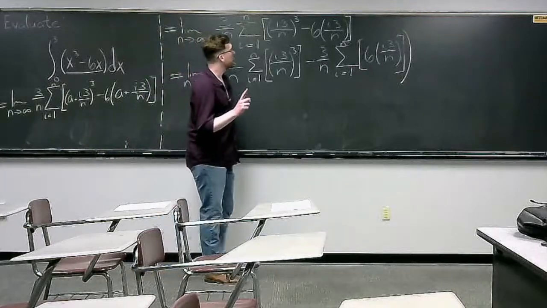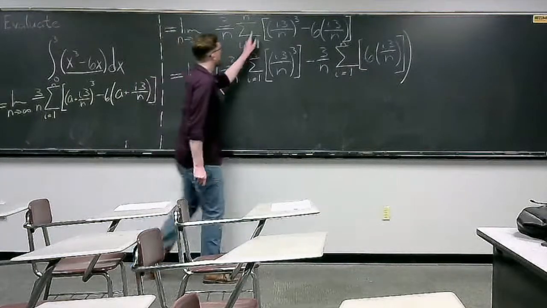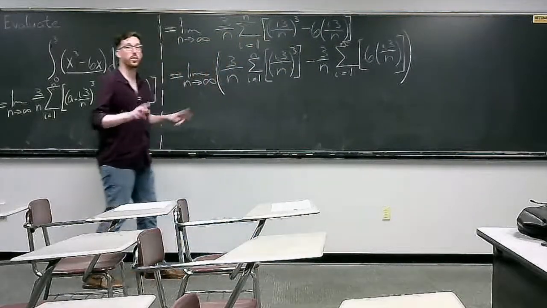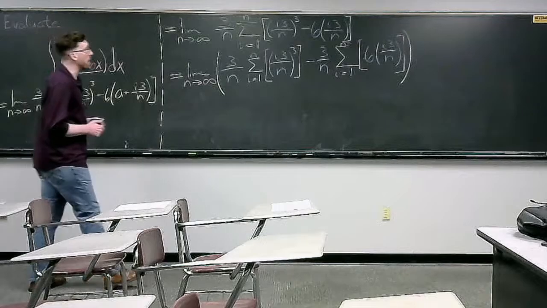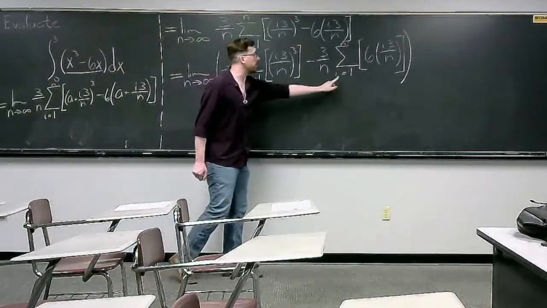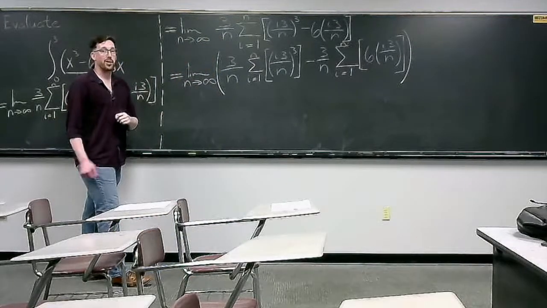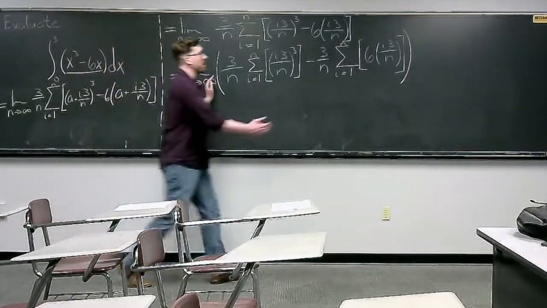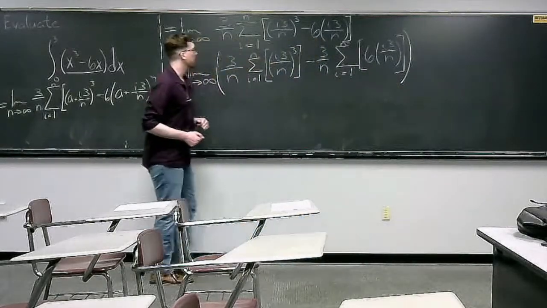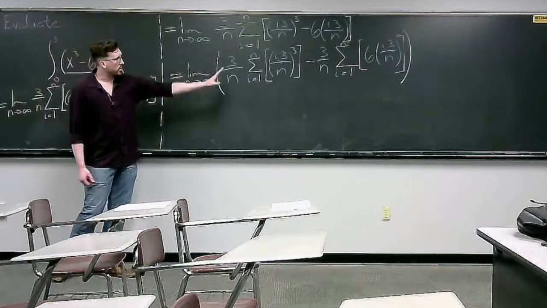Then I said, well, according to the properties of series, we could break this up into 2 other series, right? We had to, however, remember to distribute 3 over n to both of those series. And of course, since we're applying the limit to all of that, we need both of those series inside of one set of parentheses. That way we can say we're applying the limit to both of those.